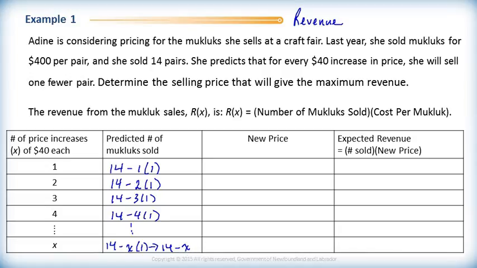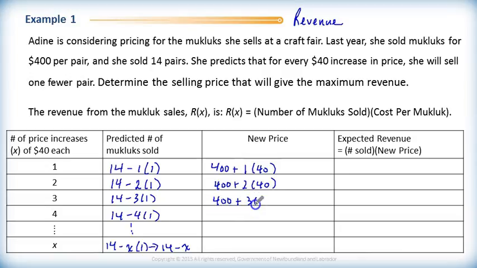Let's work on an expression now for the new price. Originally, she sold them for $400. If she had one price increase, that would be an amount of $40. Two price increases of $40 would give a total of $480.